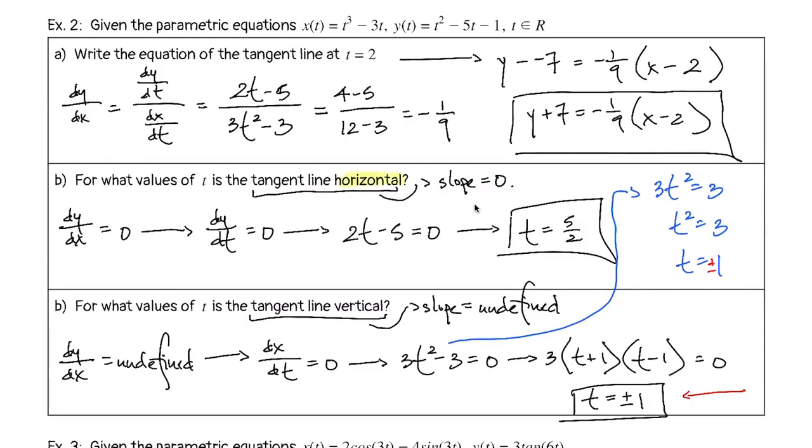So horizontal means slope is 0, which means dy/dt is 0. And tangent line is vertical means the slope is undefined, and we can find that by setting dx/dt equal to 0, okay?